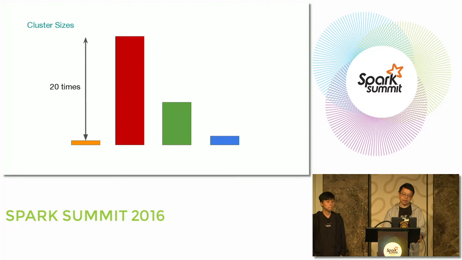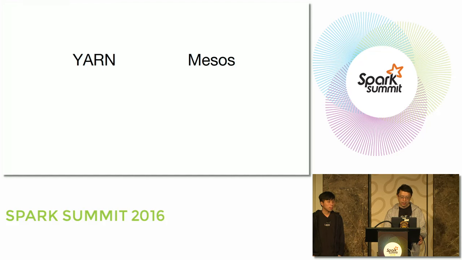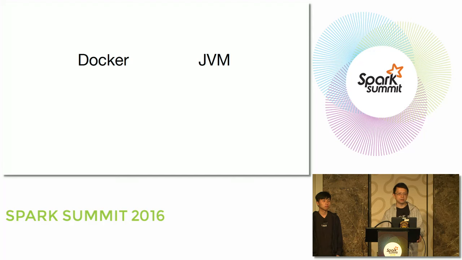The largest one is 20 times larger than the smallest one. They also use different resource scheduling frameworks. Some of them use Yarn, and some of them use Mesos, for different business or use case reasons. For the virtualization technology, on some clusters we run Docker on top of Mesos, and on some clusters we just use the basic JVM.